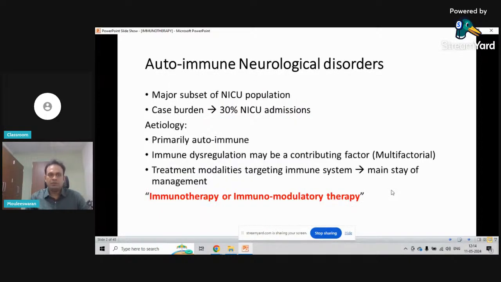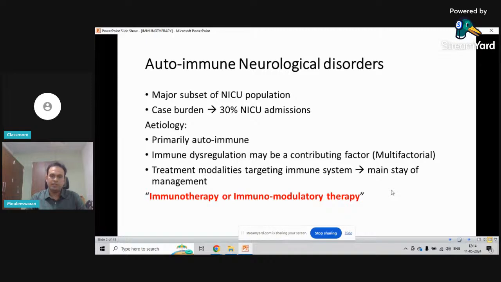So, coming to our NICU demographics, autoimmune neurological disorders form a major subset of population who get admitted to neurointensive care, and the case burden is as high as 30% in the West. Coming to the etiology of these diseases, they may be either primarily autoimmune, or autoimmune cause may be one of the multifactorial causes for the disease.